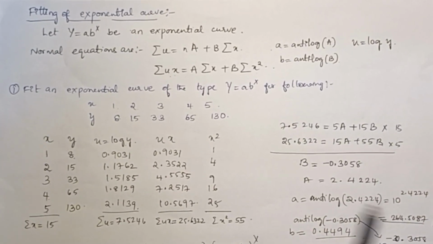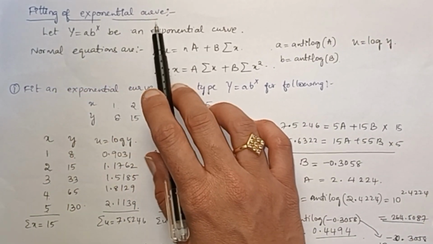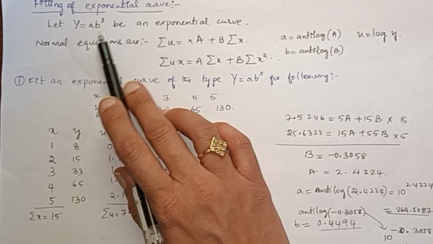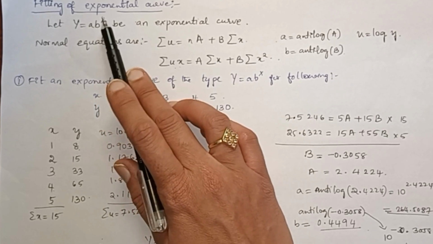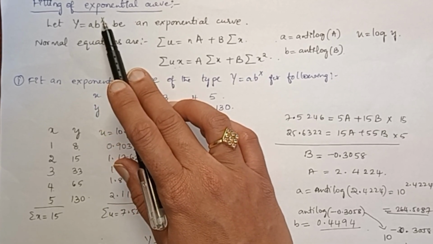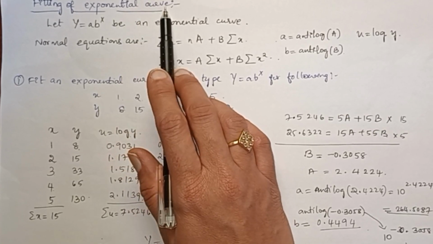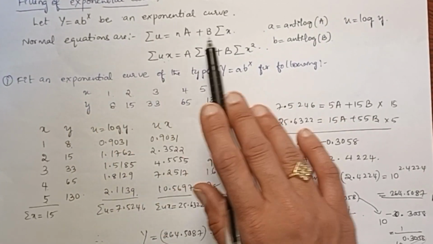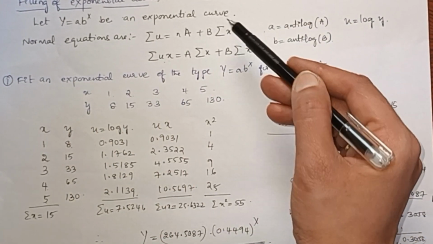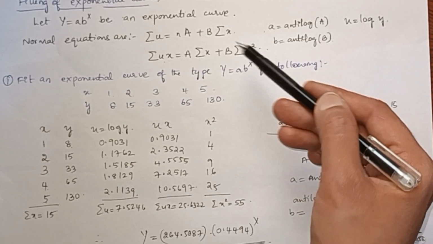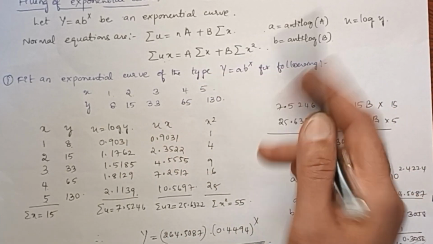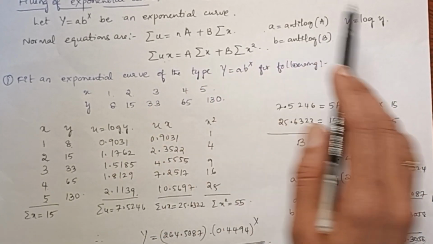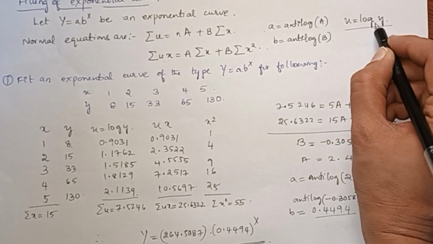Next, the last one is fitting of an exponential curve. First, remember how the exponential curve is. It is a constant to the power of the variable. That is how the exponential curve is. Then write its normal equations. Based on the normal equations, look at the terms of the normal equations and write the columns accordingly. Here, though I have not specified, u is log of y to the base 10.